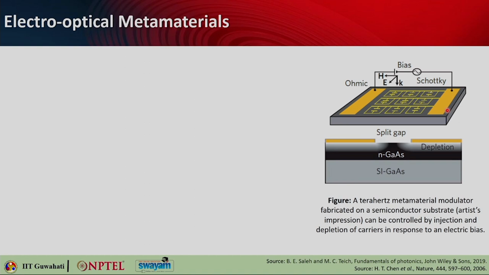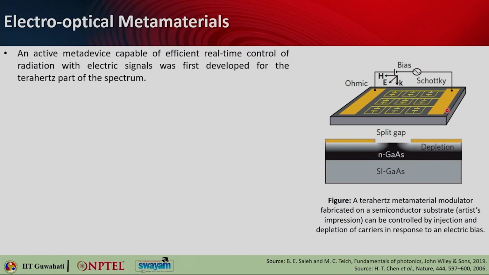The conductivity changes, that changes the permittivity of the underlying semiconductor region, and then you change the optical response. If you apply the opposite bias, there will be depletion of carriers, and that affects the optical response. These are examples of active meta devices which are capable of efficient real time control of radiation with electrical signals. And these were first designed for the terahertz part of the spectrum.